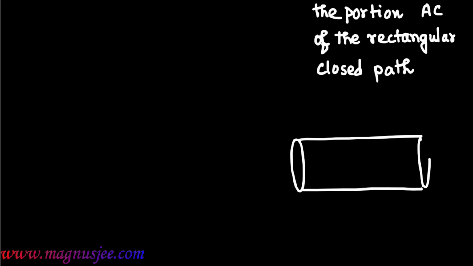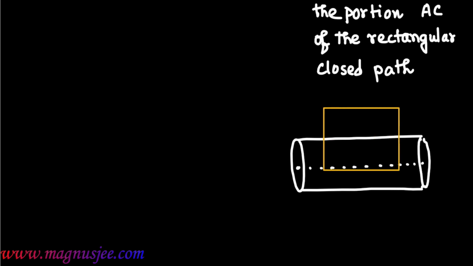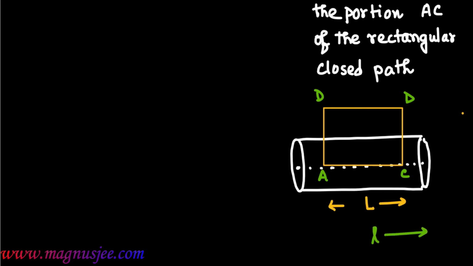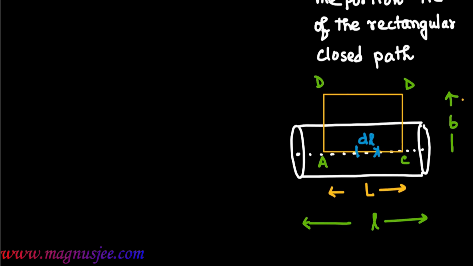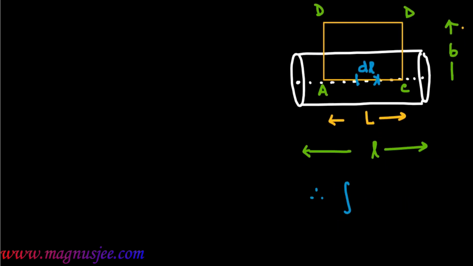Now if we draw the diagram of the solenoid again, this is the axis of the solenoid and the rectangular closed path ACDG. Capital L is the length of the portion AC, small l is the length of the solenoid, small b is the breadth of the side CD, and dl is the length of a small element.